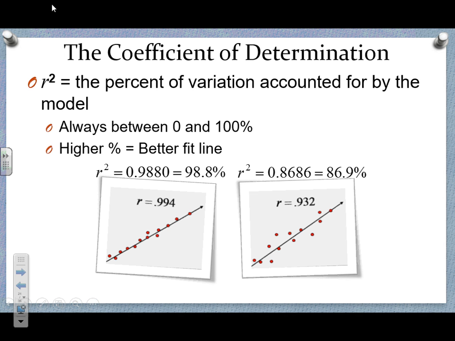Over in this one, we notice the points are scattered a little bit more loosely around the line. So we get a lower correlation, 0.932, which leads to a lower correlation squared, 86.9%. So in this particular one, only 86.9% of our variation is picked up in the model.